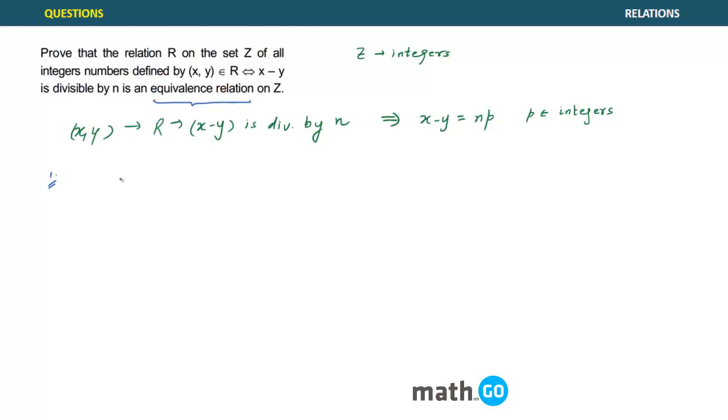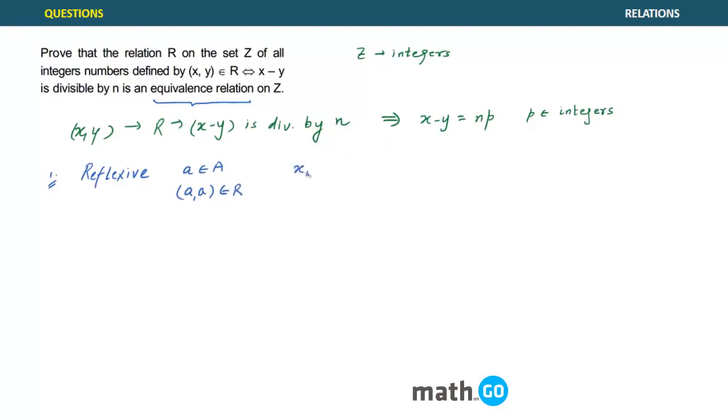So for an equivalence relation, what do we do? Yes, we check all three properties, right? Let's start with reflexive first. What does reflexive say? If a is an element of the set, then a comma a should belong to the relation. So let's try this.